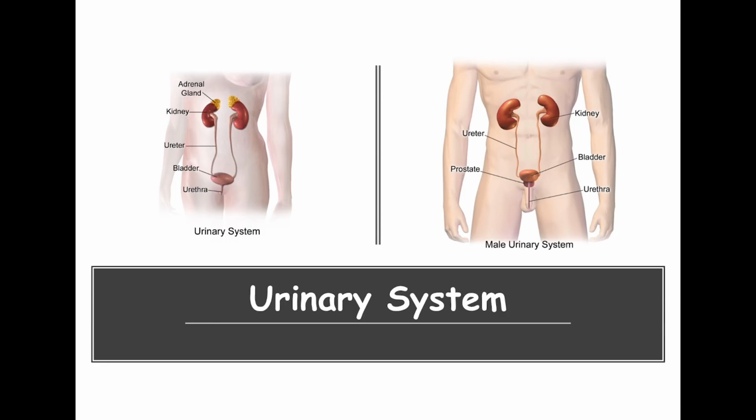So females are more prone to urinary tract infections, or UTIs, than males because of the length of the urethra. Now, one thing to note, a lot of students mix up ureter and urethra. The ureter brings the urine from the kidneys down to the bladder, where the urethra eliminates it from the bladder to the outside.